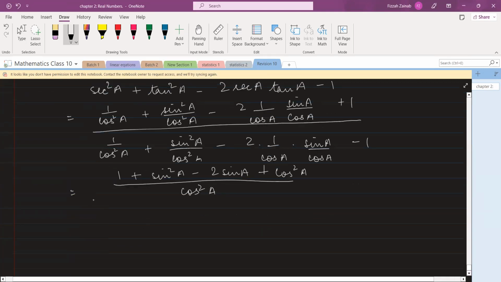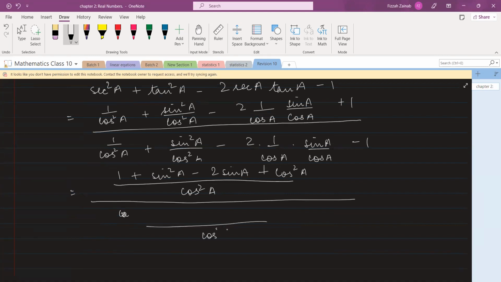And similarly here, if you take the LCM cos square A, it will be 1 plus sine square A minus 2 sine A and then minus cos square A, right?